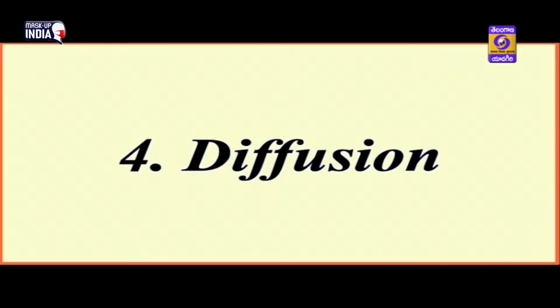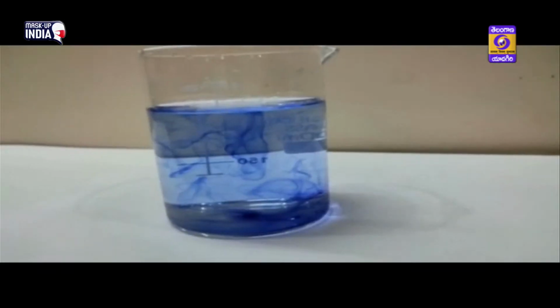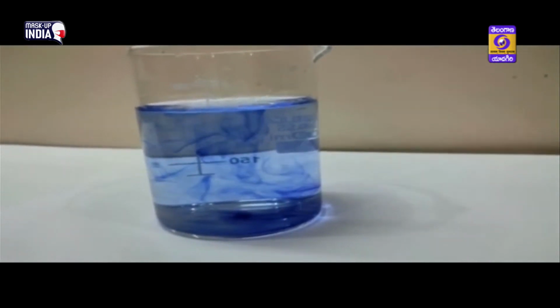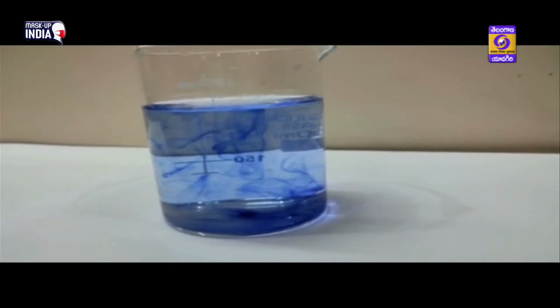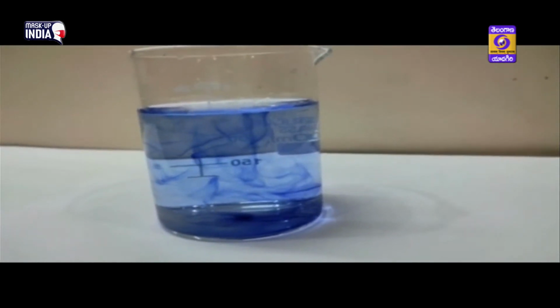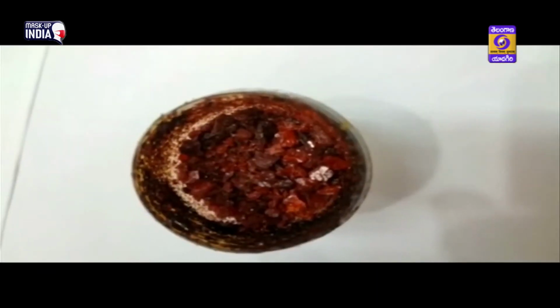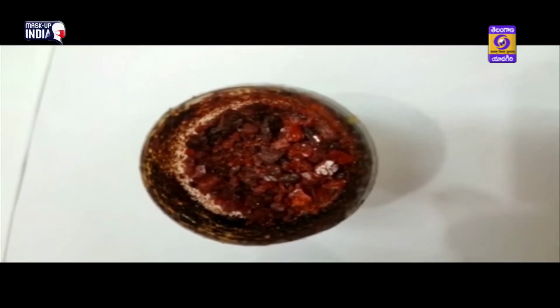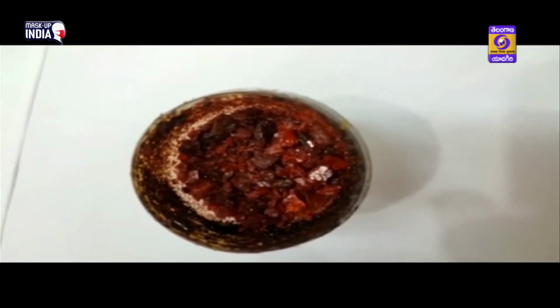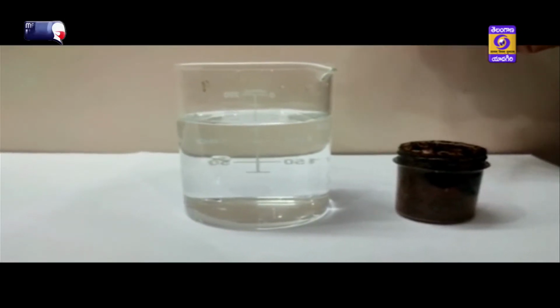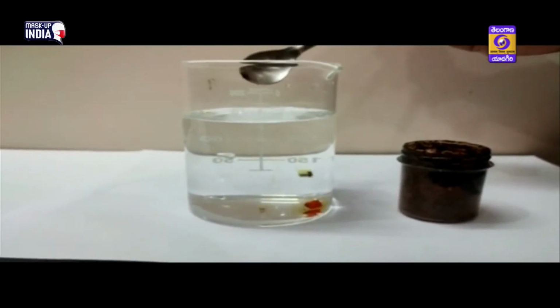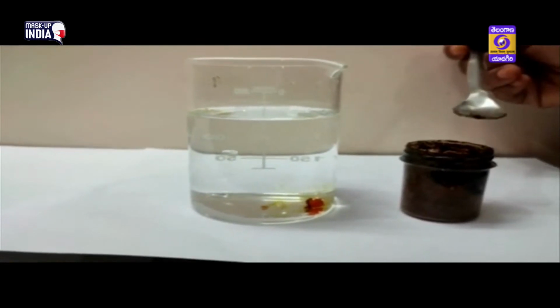Now let us learn about diffusion. My dear children, what is diffusion? Diffusion means spreading of a material into the space. My dear children, these are potassium dichromate crystals. Take few crystals of potassium dichromate and add these crystals to the water taken in a beaker.